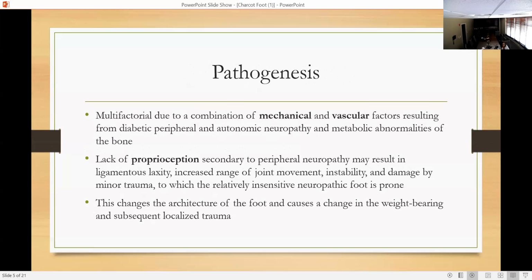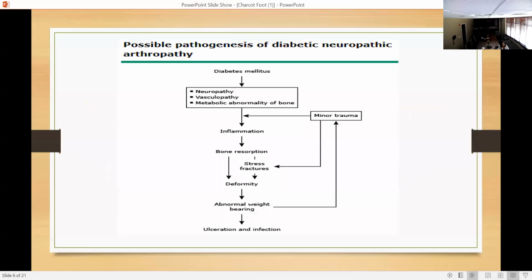This becomes important in patients who have insensitivity in the neuropathic foot. The architecture of the foot changes, and it can also cause a change in weight bearing and subsequent localized traumas. Next slide.